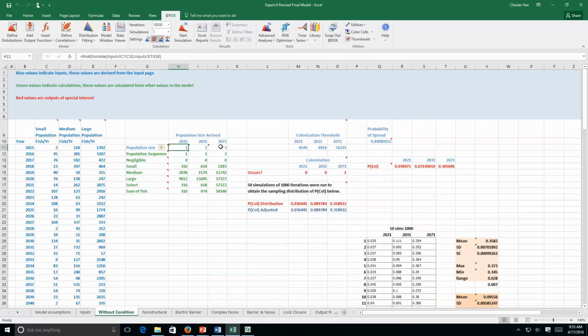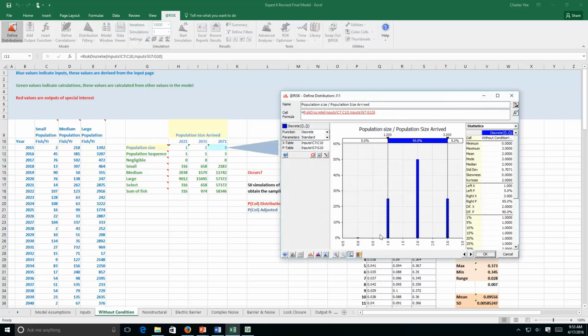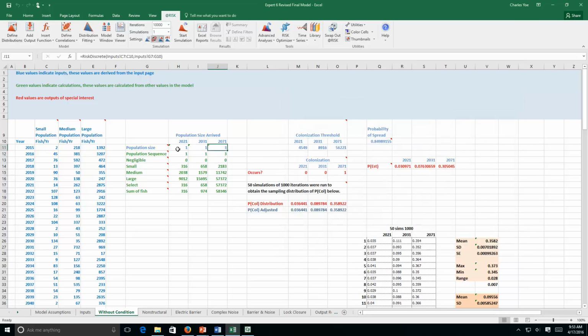There is a distribution for each time period. Let's take a look at 2071, so you can see the probability of a small population has declined while the probability of a larger population has grown. So in these cells we just randomly select a population size.